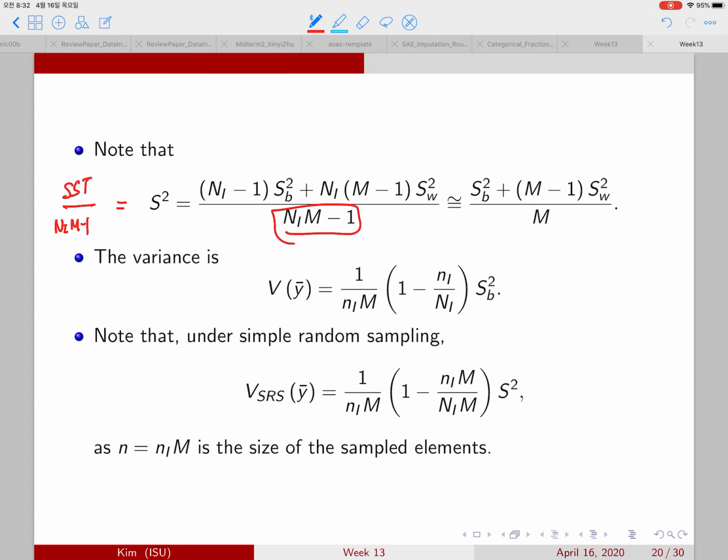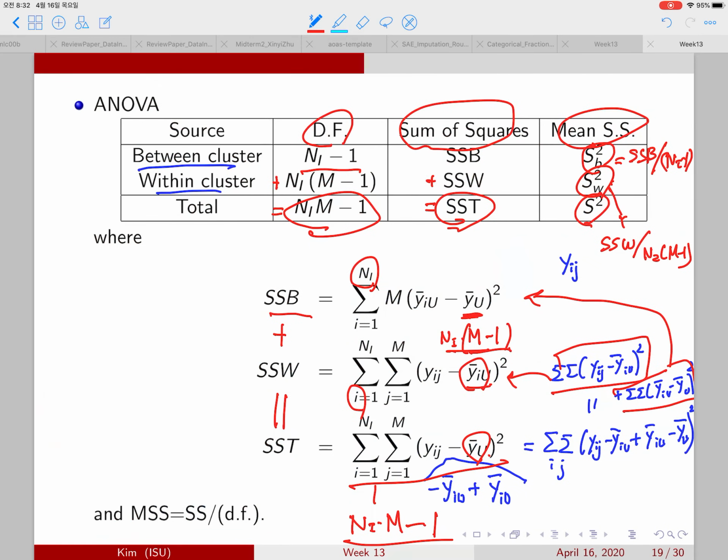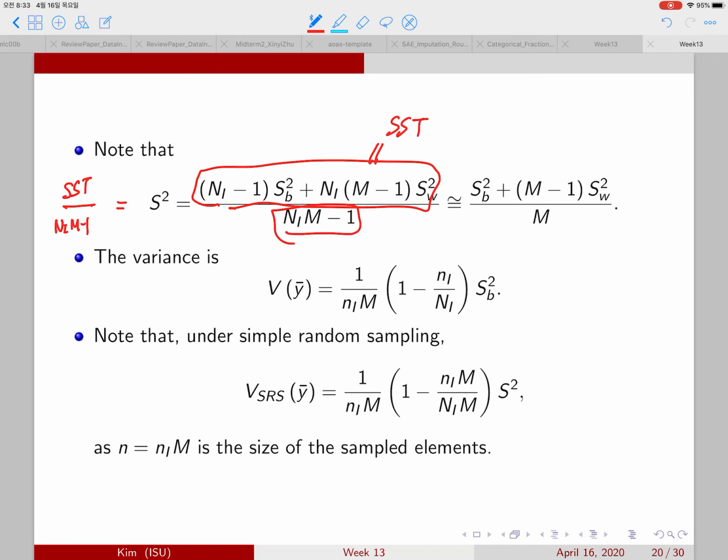So the numerator part is SST. So you can write this SST as a sum of these two terms, but each one is this one. SSB is SB squared times N minus 1. So this one is S within squared times its degrees of freedom. So that's what we have here.